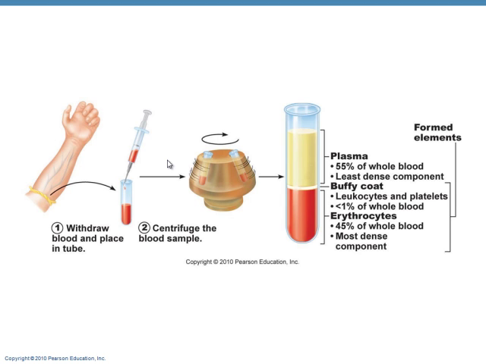If I put these components, like a tube of blood, into something called a centrifuge and spin it around, all the heavy stuff is going to come to the bottom, and the light stuff will stay at the top. We'll do this in lab next week. And what you will see is these very specific components that separate out due to their different densities.